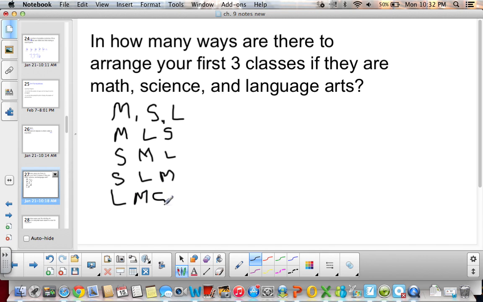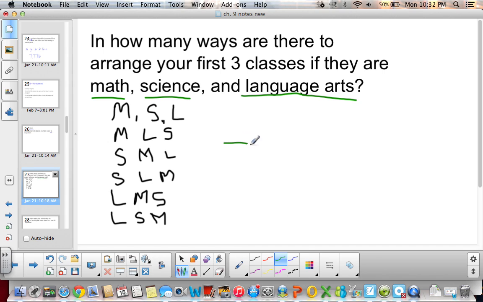Language arts, math, science, and then language arts, science, math. So this is an example of a permutation because there are a bunch of different ways to arrange our options, which again are math, science, and language arts, but the order of it matters.